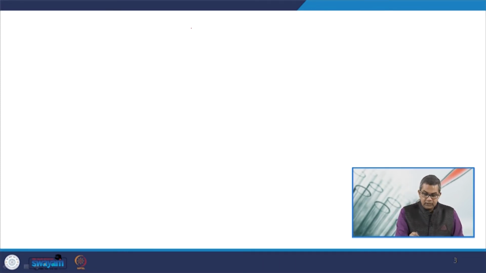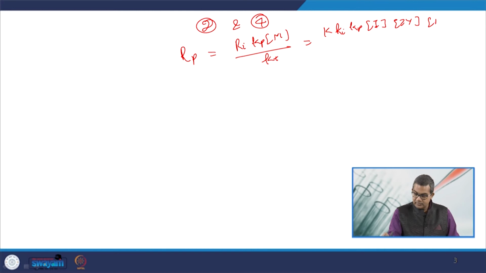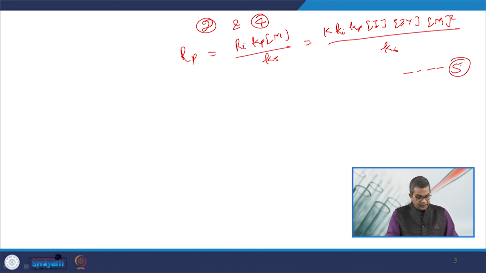Now, if we combine equations 2 and 4, this yields the rate of polymerization as Rp = Ri Kp [M] upon Kt. This is equal to Ki Kp [I][Z][M] squared upon Kt. This may be referred to as equation number 5.